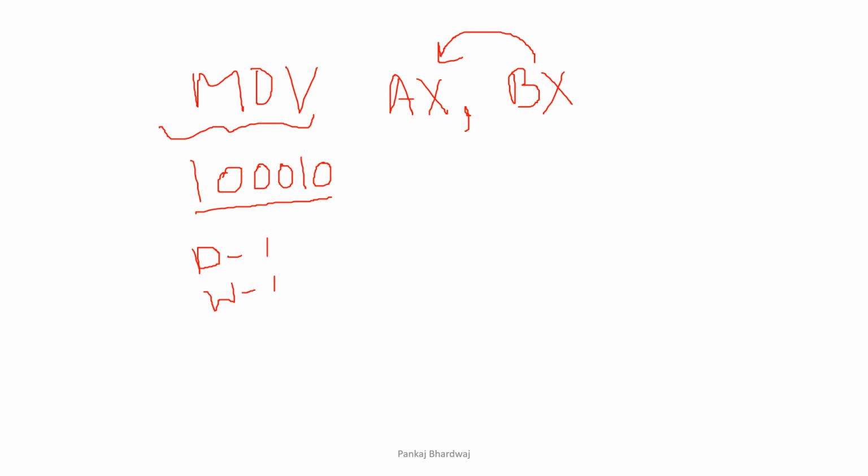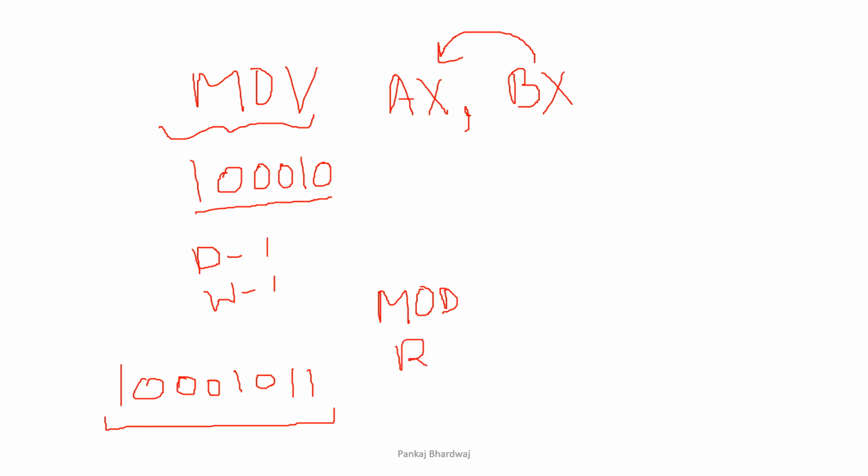So the first byte will be 10001011. This is the first 8 bits, that means first byte. The second 8 bits have MOD and REG, that is register field, and R/M.